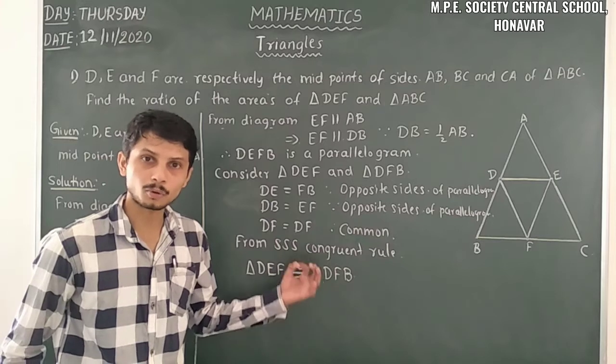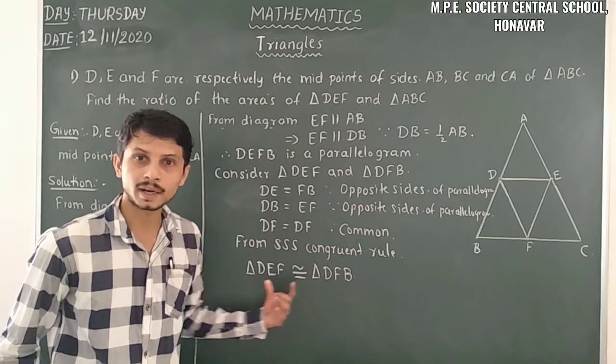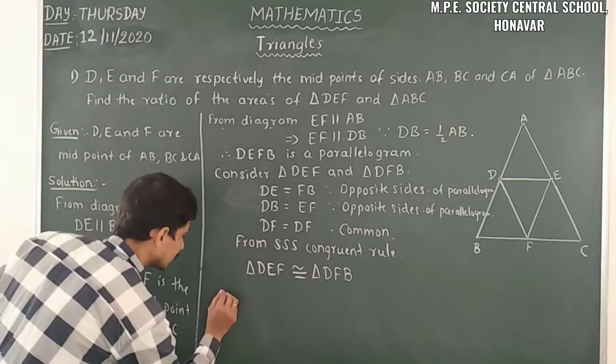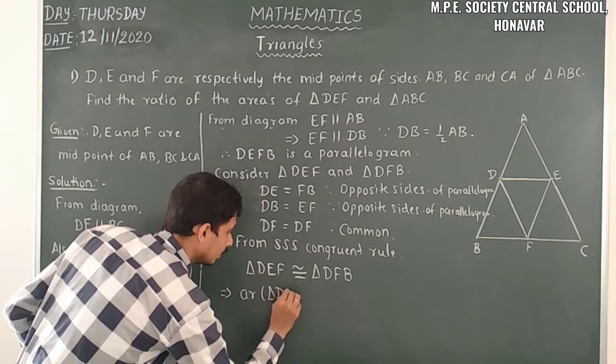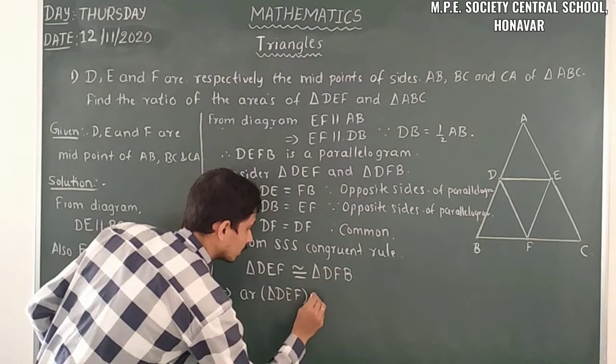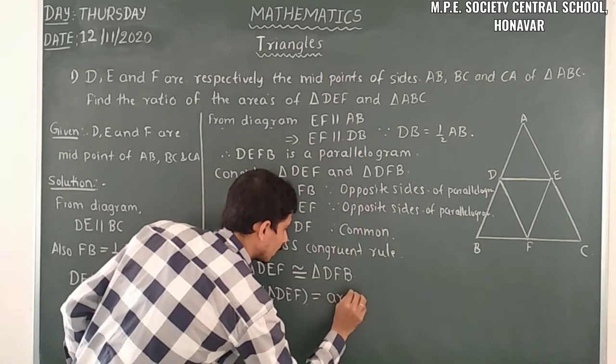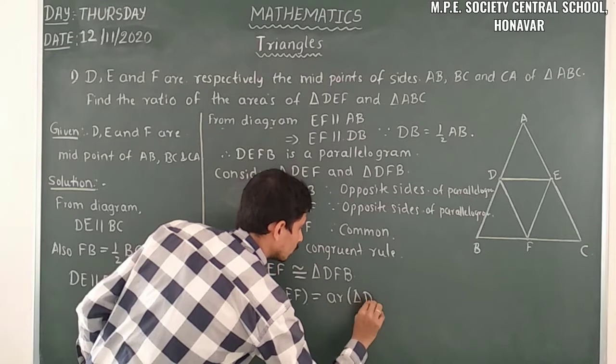Only in the case of congruent triangles, the areas of those two triangles are equal. So the area of triangle DEF is equal to the area of triangle DFB.